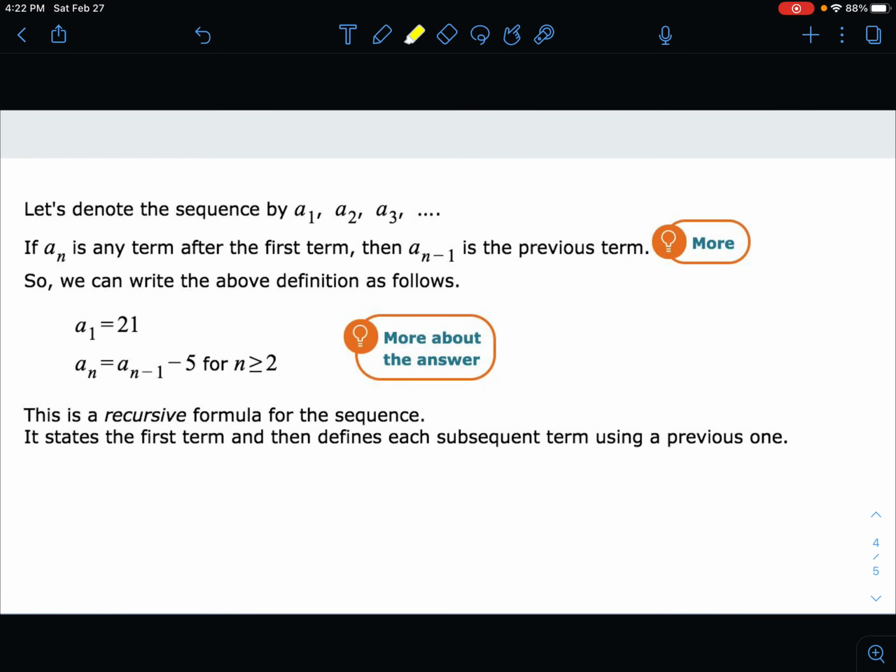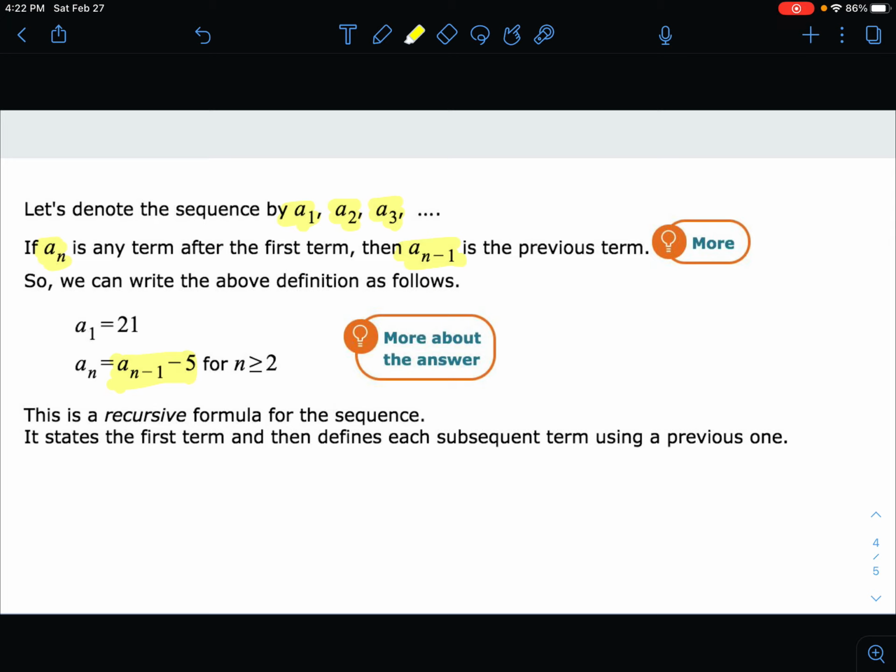And then we're shown here too, every sequence is the first term, the second term, the third term, so on and so forth. If we want the nth term, how do we get it? We take the one before it and subtract the 5.